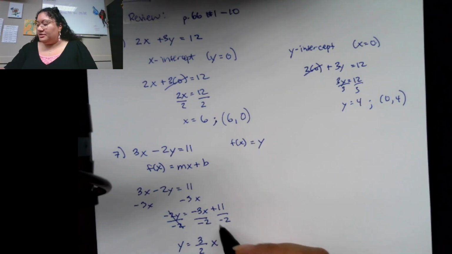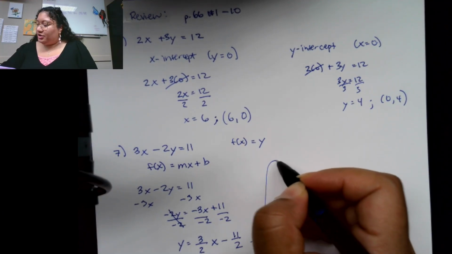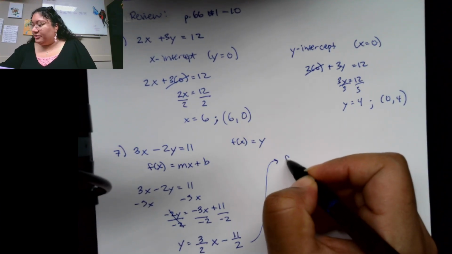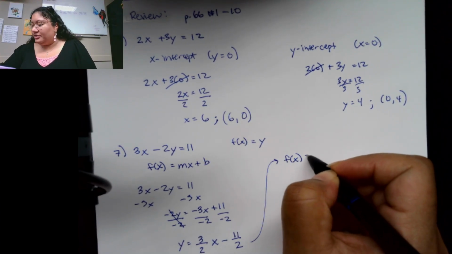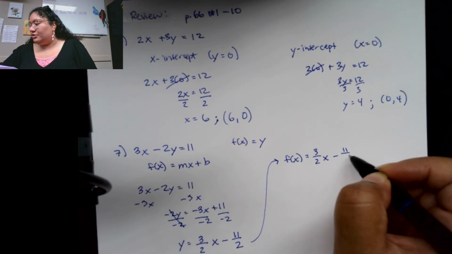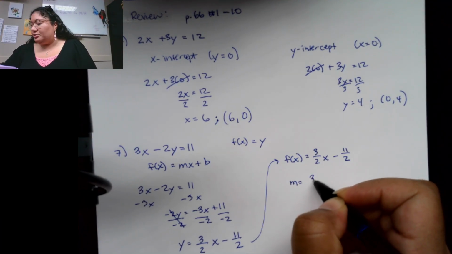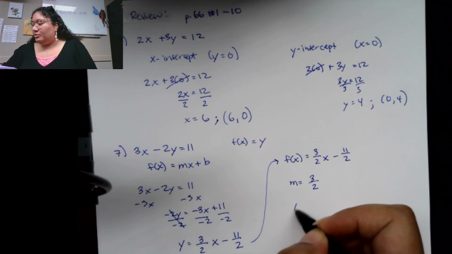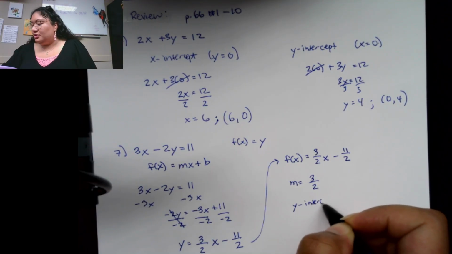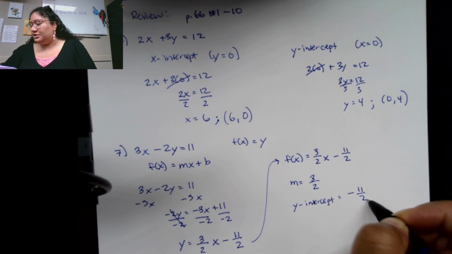And then a positive over a negative makes a negative, so this can also stay as a fraction. As we said, we're going to replace our y with f of x, so f of x equals 3/2x minus 11 over 2. My slope, labeled as m, is 3/2, and my y-intercept will be negative 11 over 2.